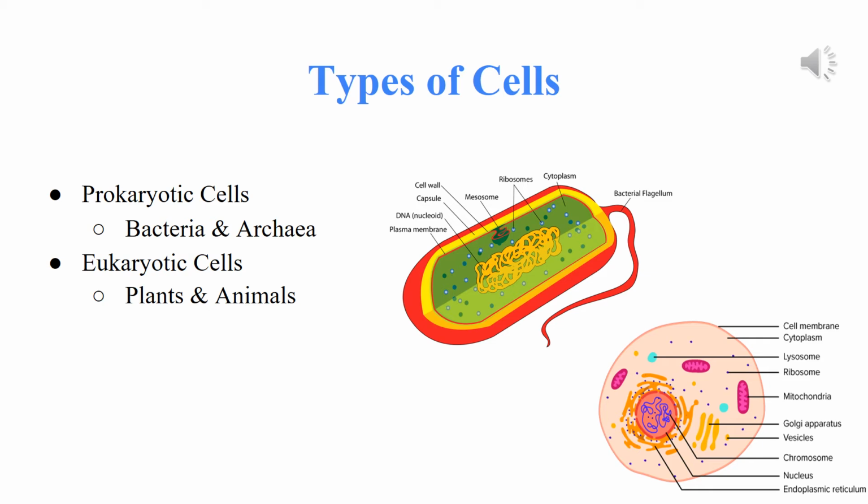So we will classify the cells into two broad categories: prokaryotic cells and eukaryotic cells. Karyote means nucleus. So prokaryotic means before nucleus and eukaryotic means true nucleus. The examples of prokaryotic cells include bacteria and archaebacteria. The examples of eukaryotic cells include plants and animals.